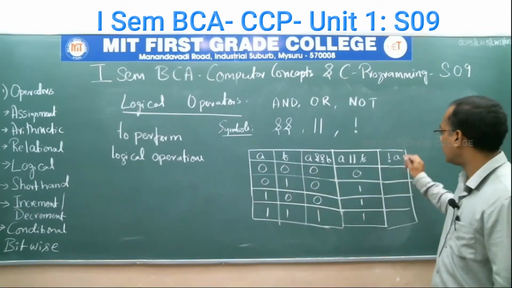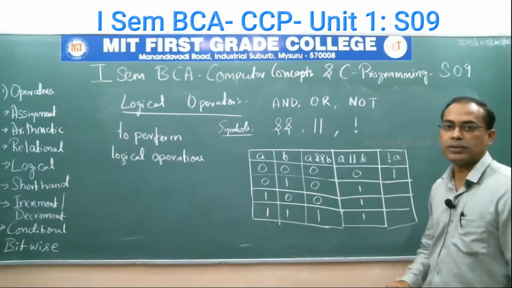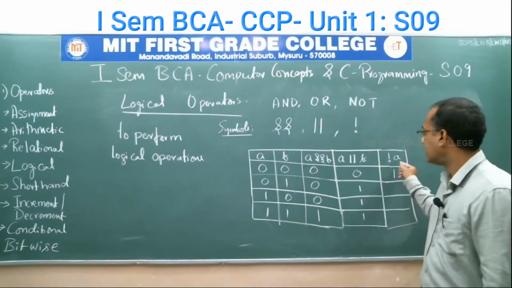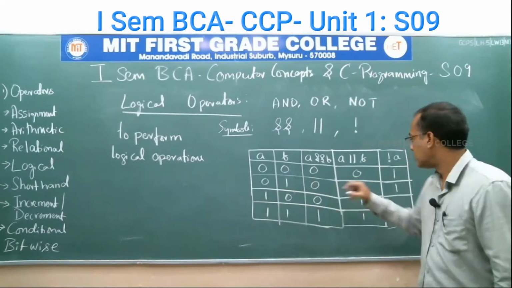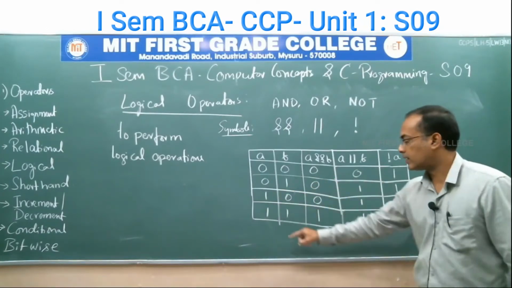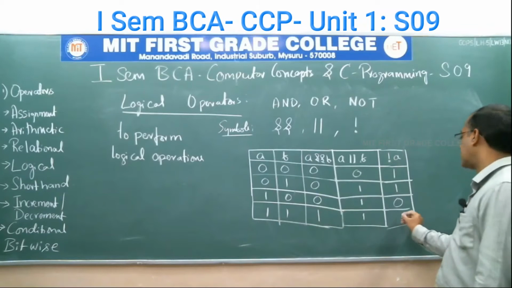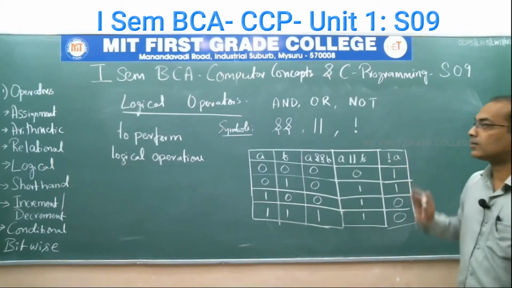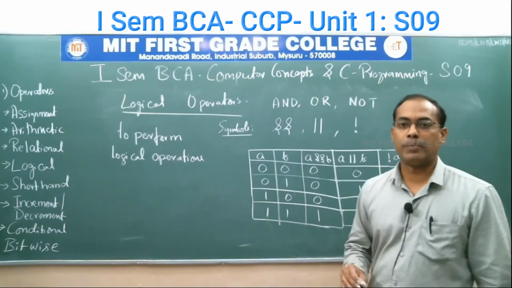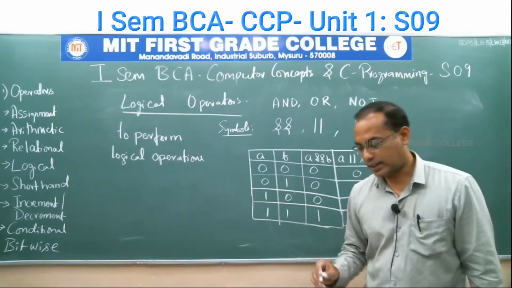Inversion of A will become the opposite of 0, which is 1. In this case also 1. In this case 1, so inversion will give the result 0. In this case also the result will be 0. This is all about the logical operators. I hope you have understood.